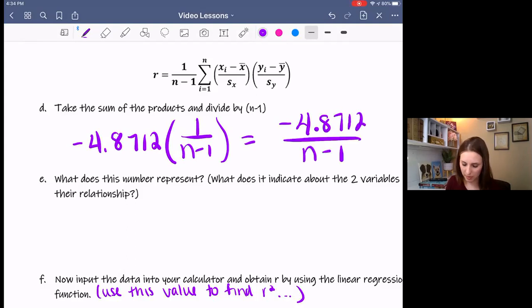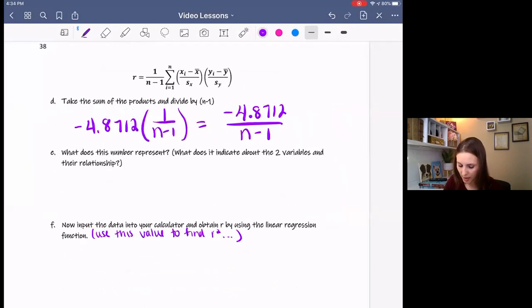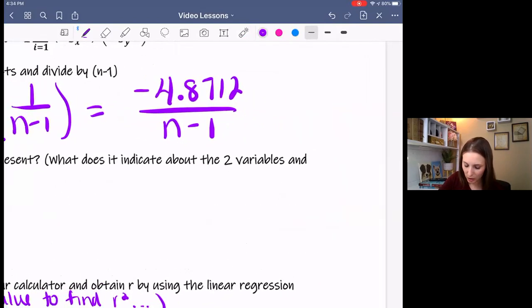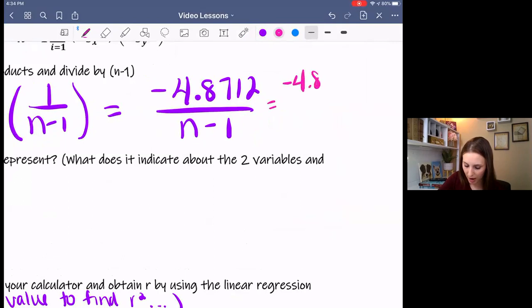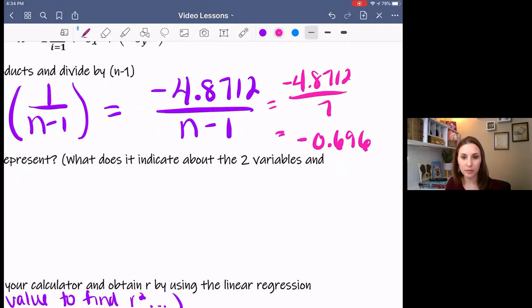In this case, n is 8, so we're going to be dividing by 7 because 8 minus 1 is 7. And you should end up with about negative 0.696 for our r value. Wasn't that fun? So meticulous and tedious.